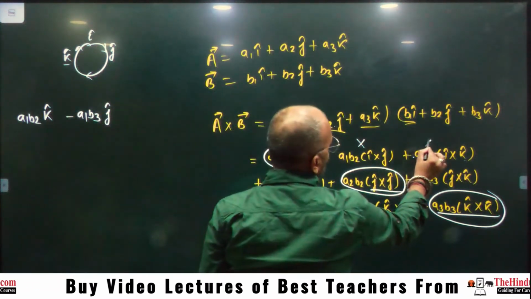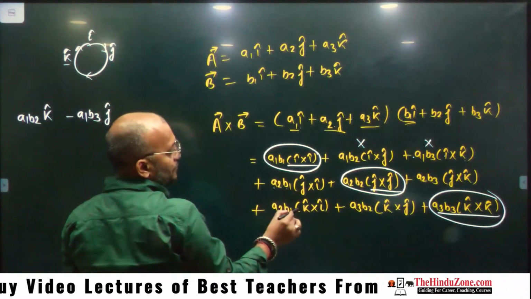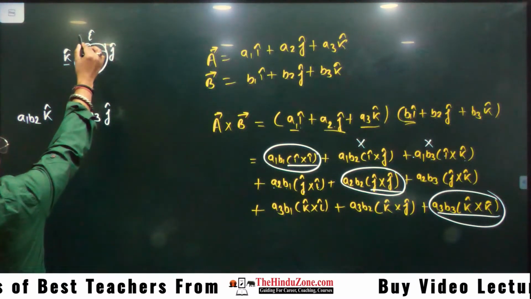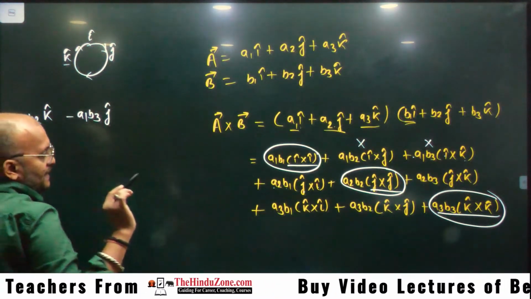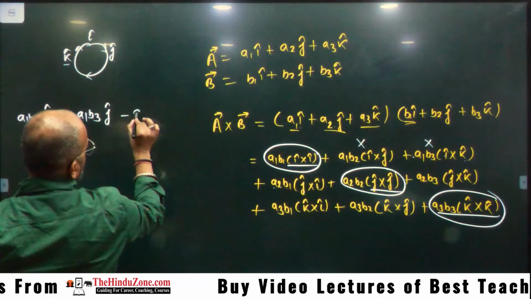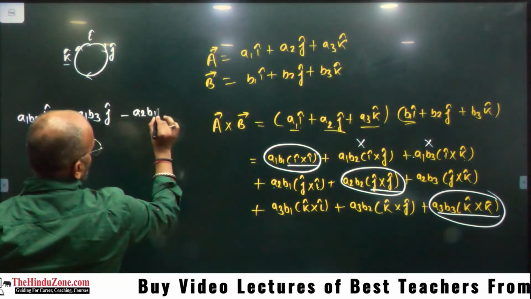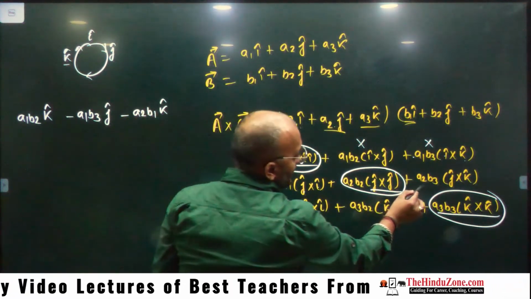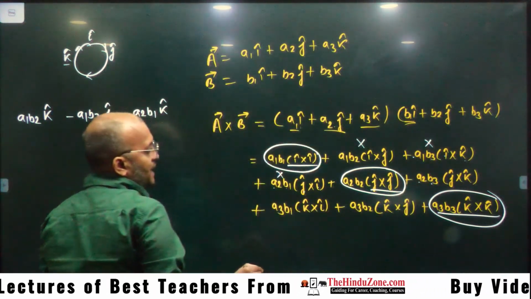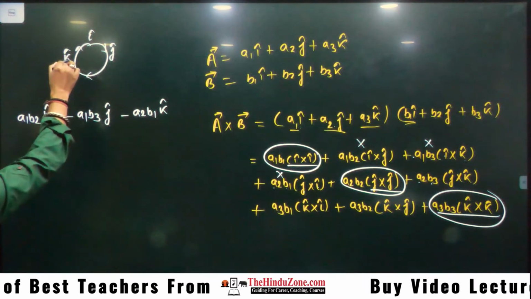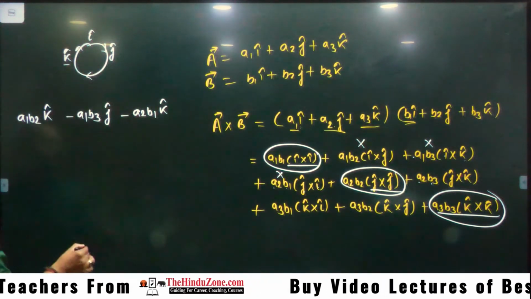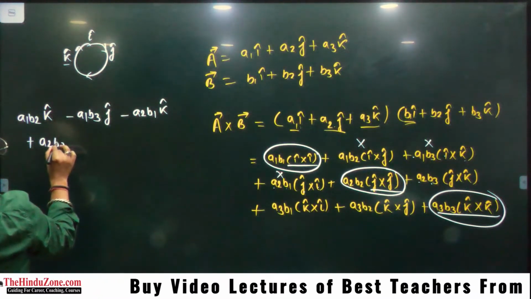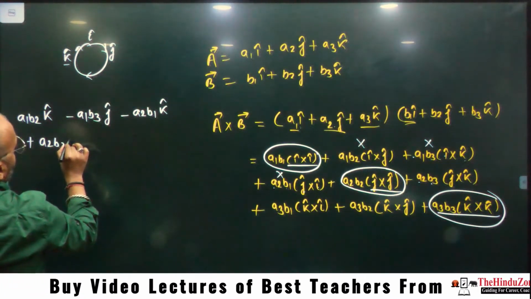A2 B1, J cross I, again anti-clockwise, so you will get minus K cap, so minus A2 B1 K cap. A2 B3, J cross K gives plus I cap, so plus A2 B3 I cap.